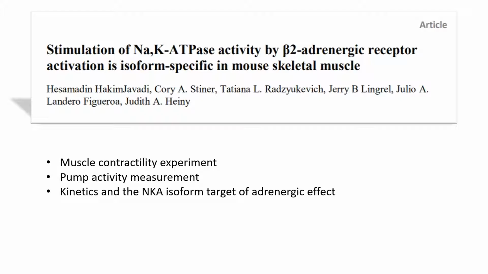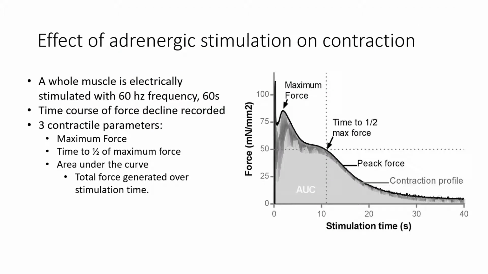In this manuscript, I did some contractility experiments and also measured pump activity to determine the kinetics and sodium pump isoform target of the adrenergic effect. Here, what I did is that I electrically stimulated a whole muscle with 60 Hz frequency for 60 seconds, and I recorded the time course of force decline.